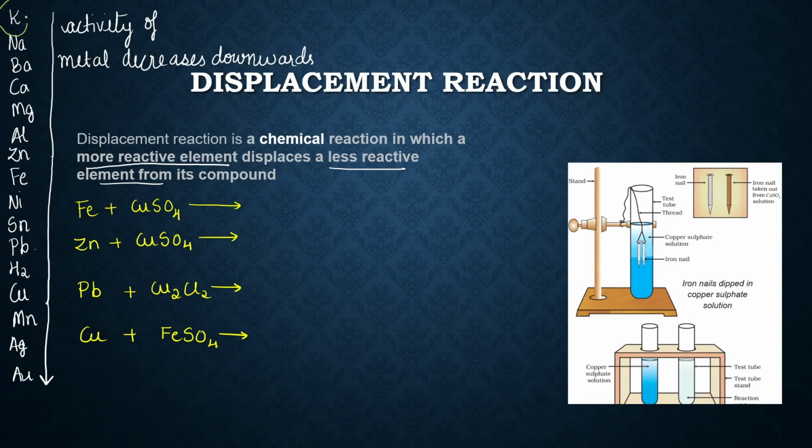Here potassium is more reactive than sodium. Sodium is more reactive than all the rest. Barium is more reactive than all other metals. Calcium is more reactive than all the rest. All the elements present below a particular element are less reactive.